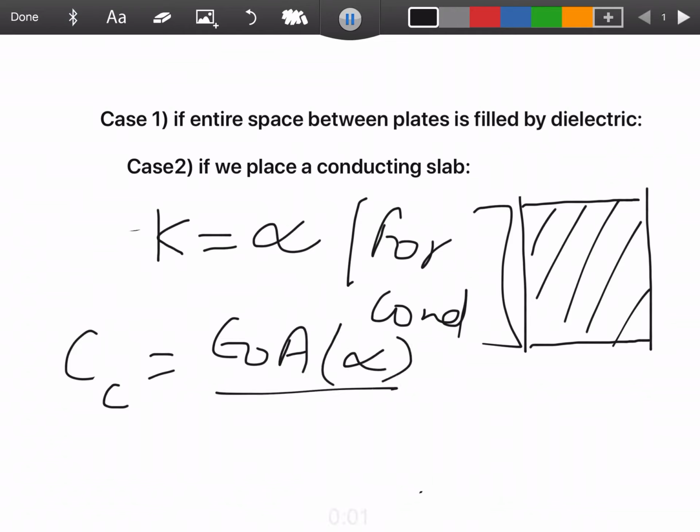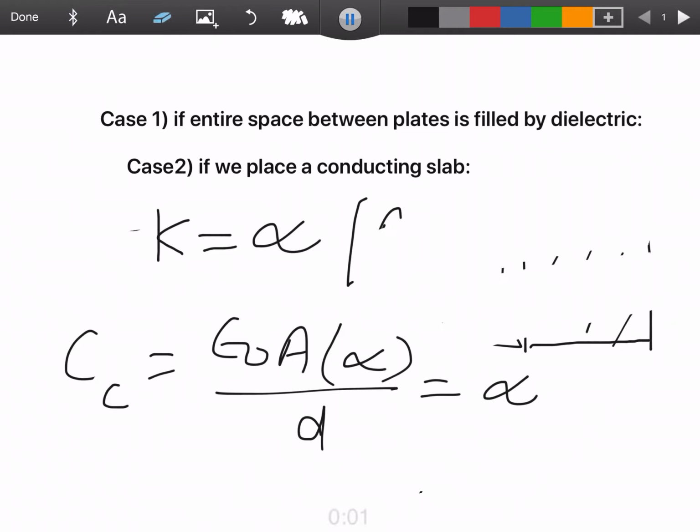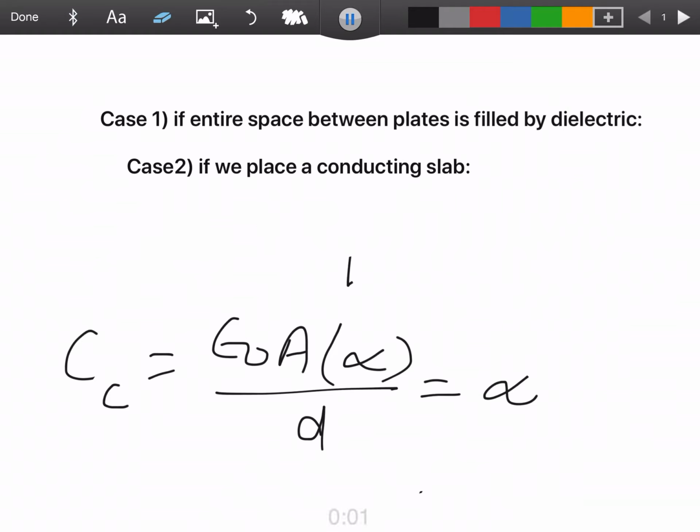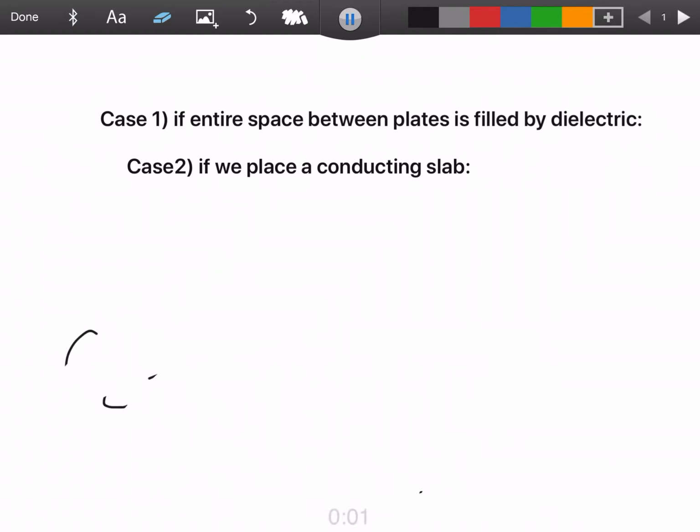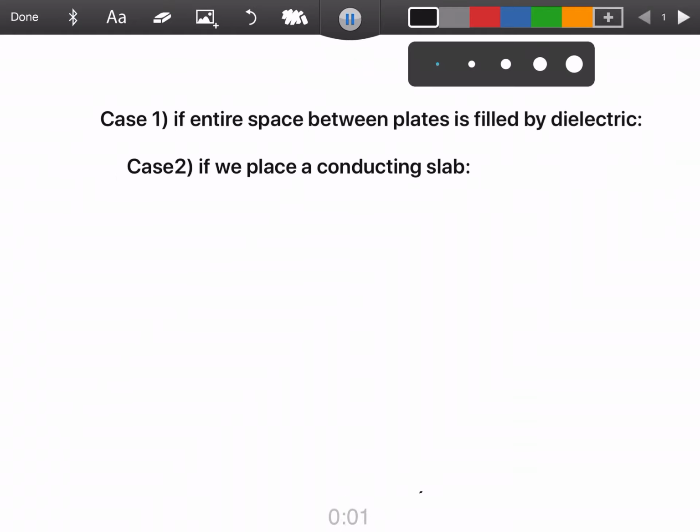So all our value will become equal to infinite. Therefore capacity will become infinite. Now the question is, what does this mean? Infinite capacity of parallel plate capacitor when conducting slab is kept. What does this signify? So we'll be understanding this.